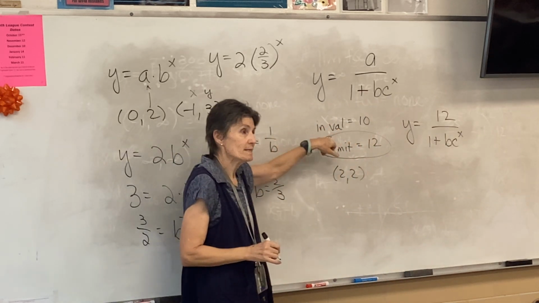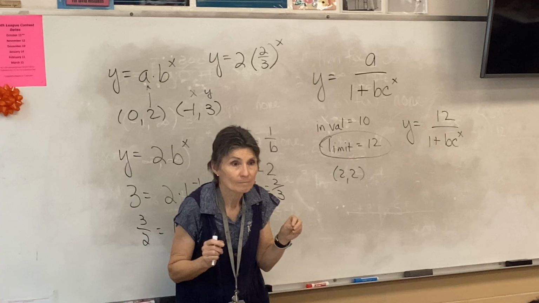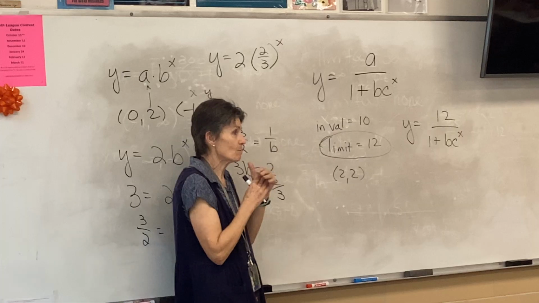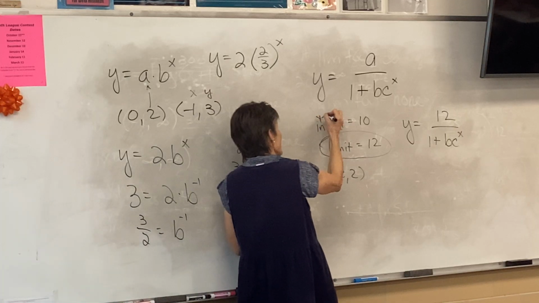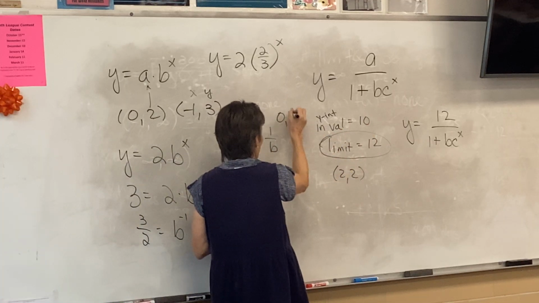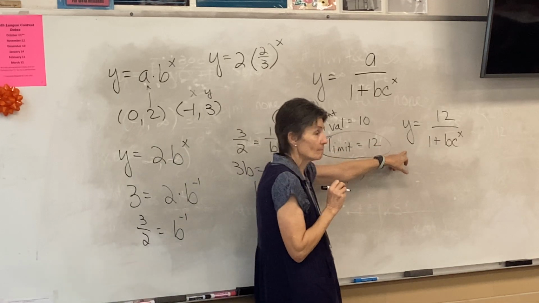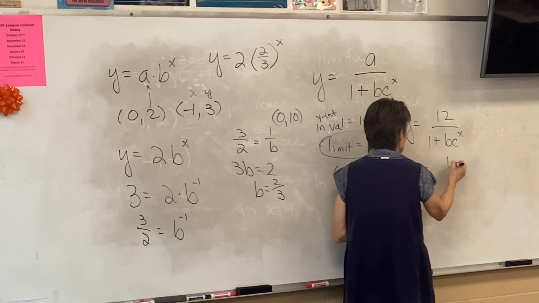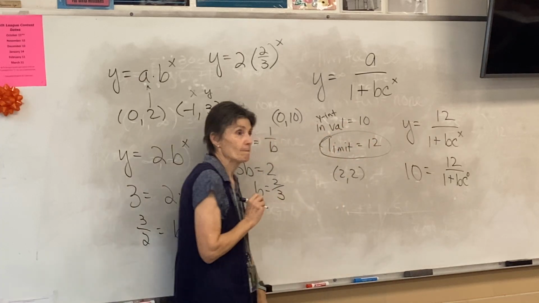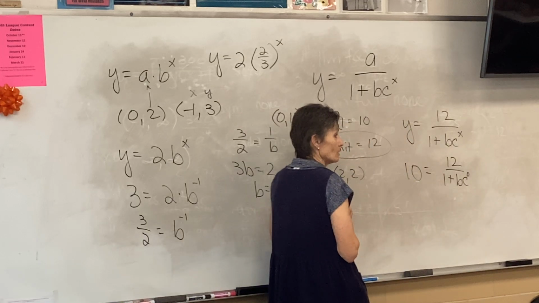Now, what does it mean to be an initial value? X is 0. The initial value is the same as the y-intercept. So this is the point 0, 10. So now I can put 10 here and 0 there for X. But I know that C to the zeroth is 1.